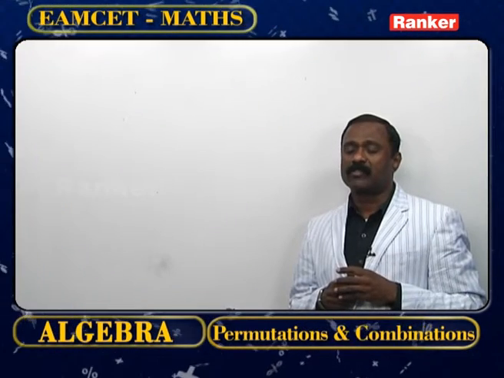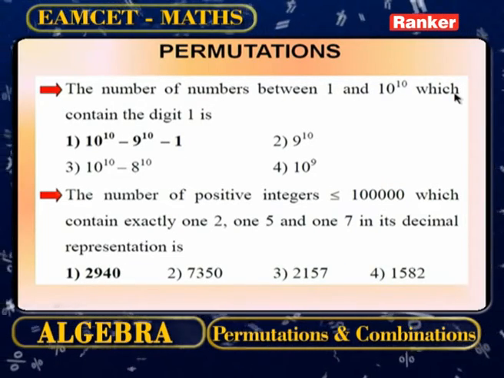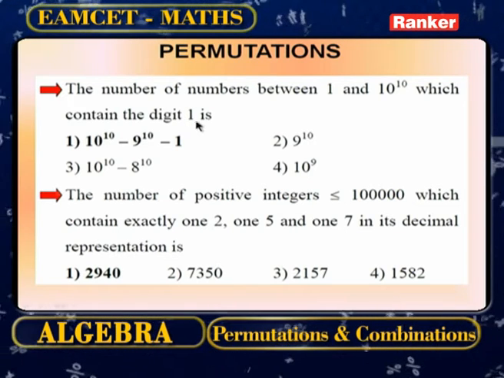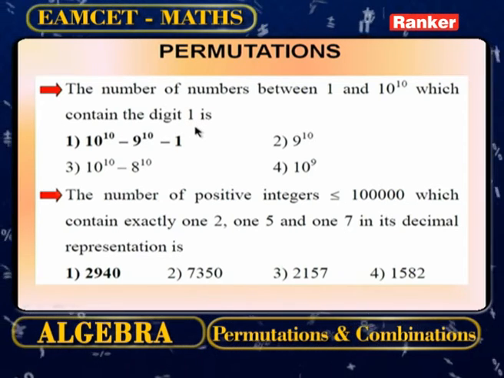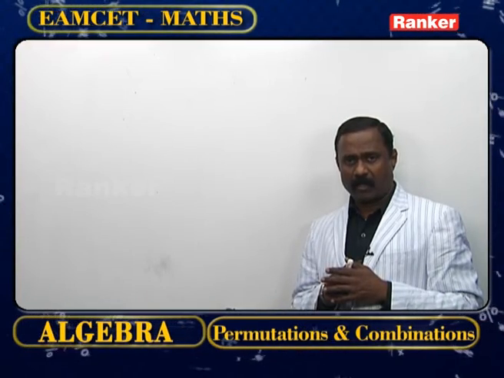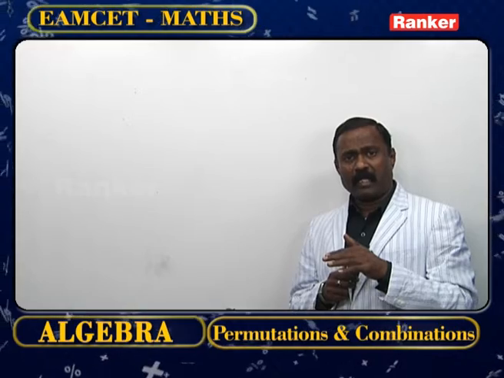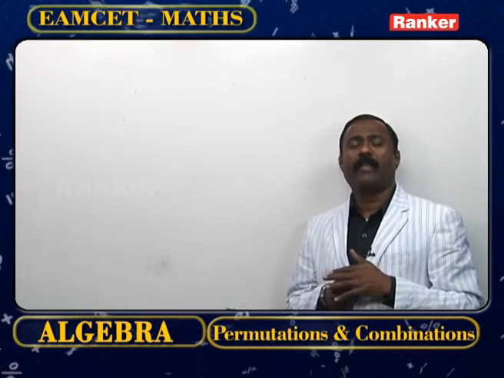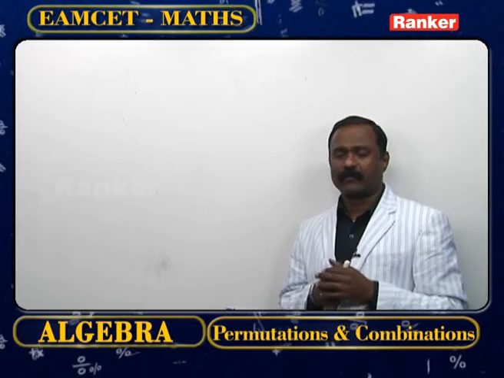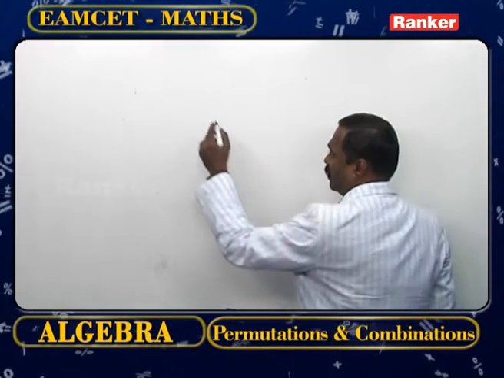So what we do, we write the total number of numbers first. Then we need those numbers that contain digit 1. Then we subtract those numbers that are not containing digit 1. It is a simple understanding.